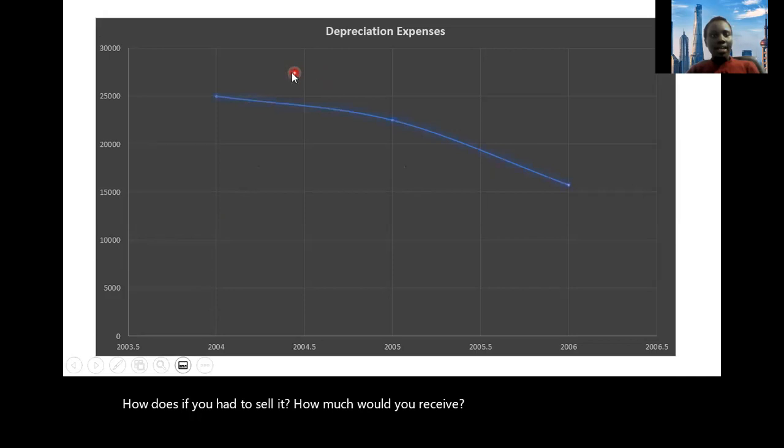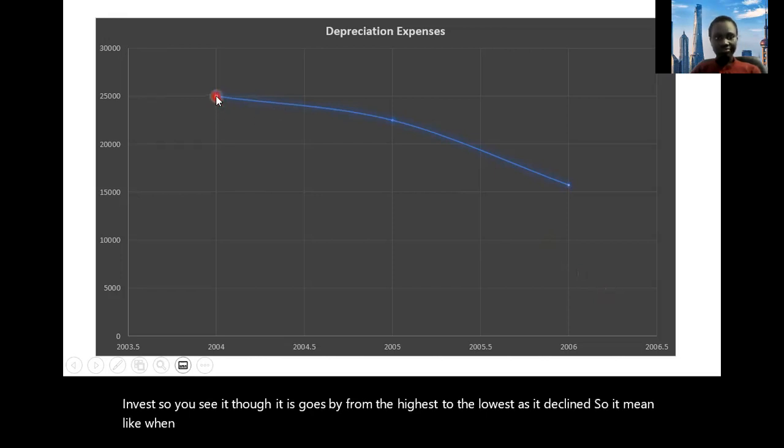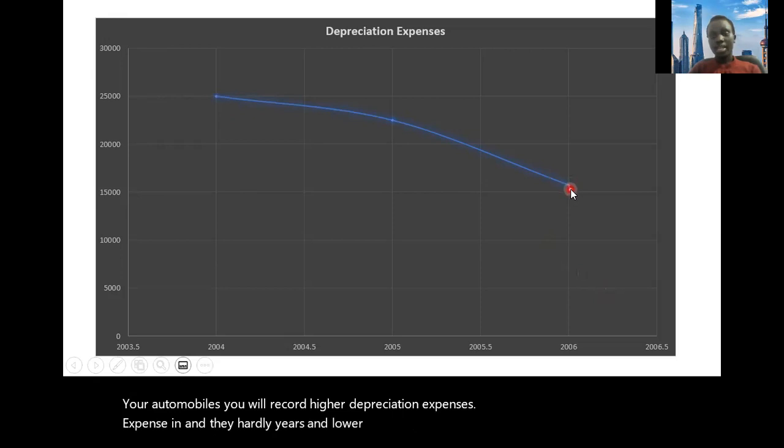So basically, depreciation expense using the declining method is like an inverse. You see, it goes from the highest to the lowest as it declines. It means when you just bought your automobile, you will record higher depreciation expense in the early years and lower depreciation expense in the later years.